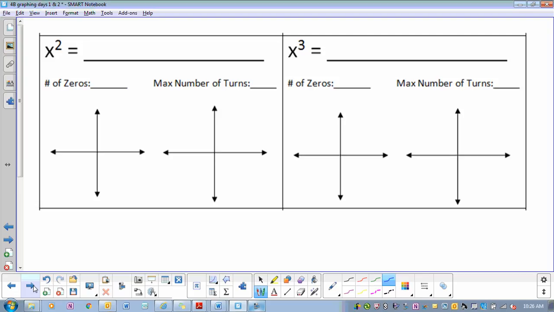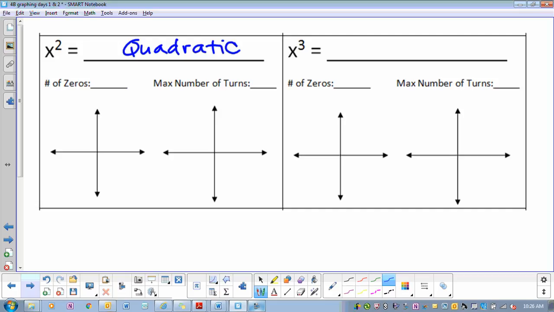X squared. So guys, if your biggest exponent is a 2, this is called a quadratic. So the full unit, maybe a unit and a half on quadratics, right? If your biggest exponent is a 2, it's called a quadratic.